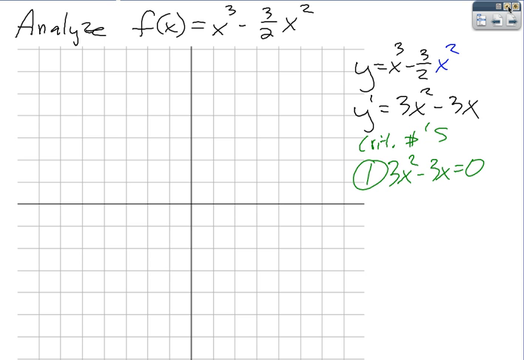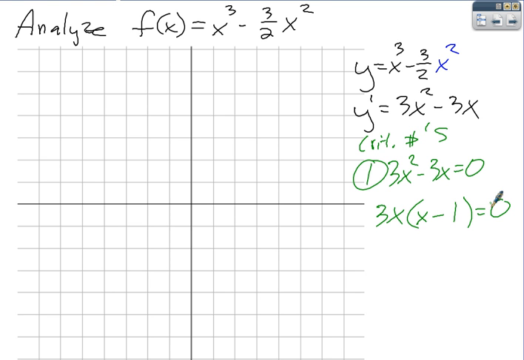Right. So when I'm factoring, I want to factor out the greatest common factor. So I can pull out a 3x, leaving me with, I could use the quadratic formula, but this is much easier. We'd rather avoid the quadratic formula if there's an easier alternative. What am I left with if I pull out a 3x from each term? x minus 1.